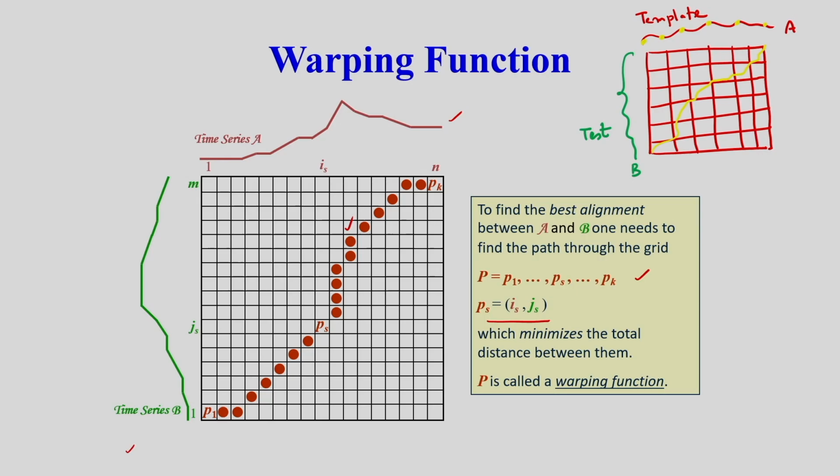And similarly for the test trajectory also I can determine the key points, and these key points I can match based on the warping function. And by this process I can determine the features corresponding to the test gesture trajectory.